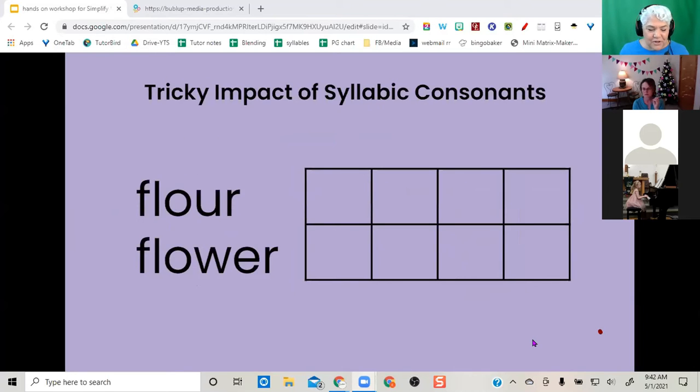Okay, these words are tricky. So just looking at it from the point of, can we decode the words? If I come to this word and I say, oh, I see my O-U, ow, o, u, I'm always going to try the first sound first. So I'm going to say flower, flower.